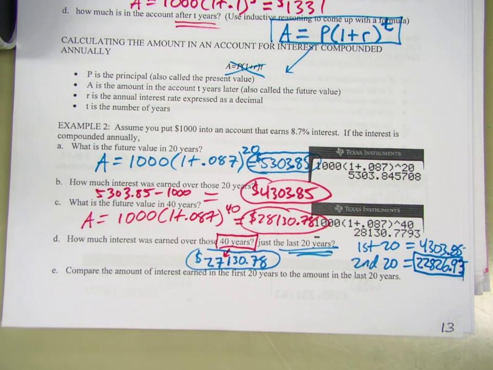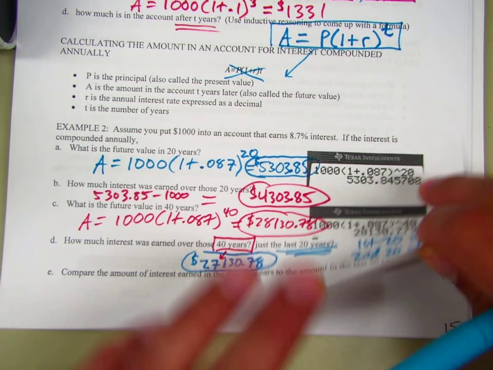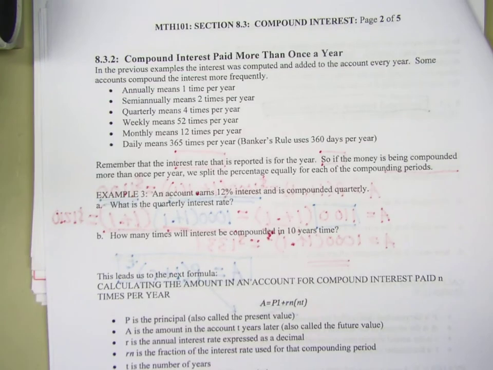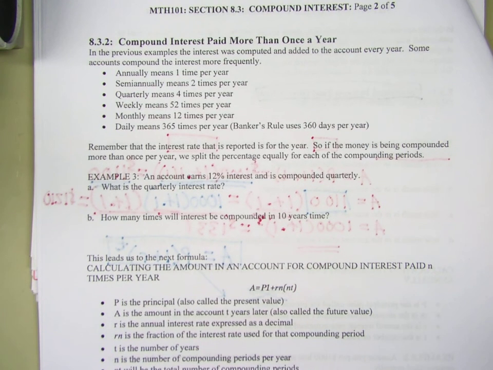Part E, I think we pretty much did that. Let's just go on. Okay? I think it's pretty clear. First 20 years, you only earn about 4,000. The second 20, it's ridiculous compared to it. It's like $22,000. Okay? So, on to the next page.